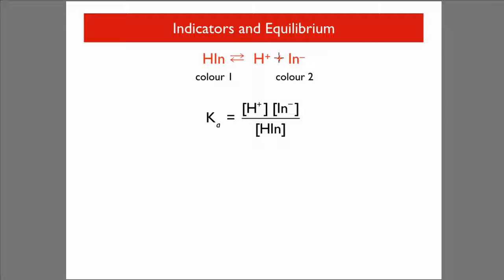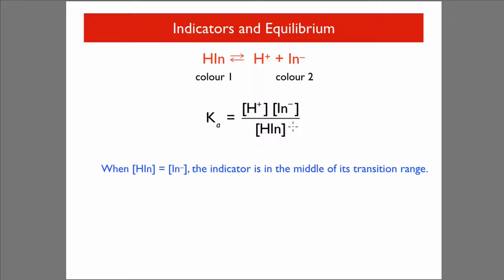Okay, so the acid dissociation constant for these indicators: we've got the ions on the top as normal, and the molecule on the bottom, concentration over concentration. When the concentration of the molecule is identical to the concentration of the indicator ion, then the indicator is in the middle of its transition range.